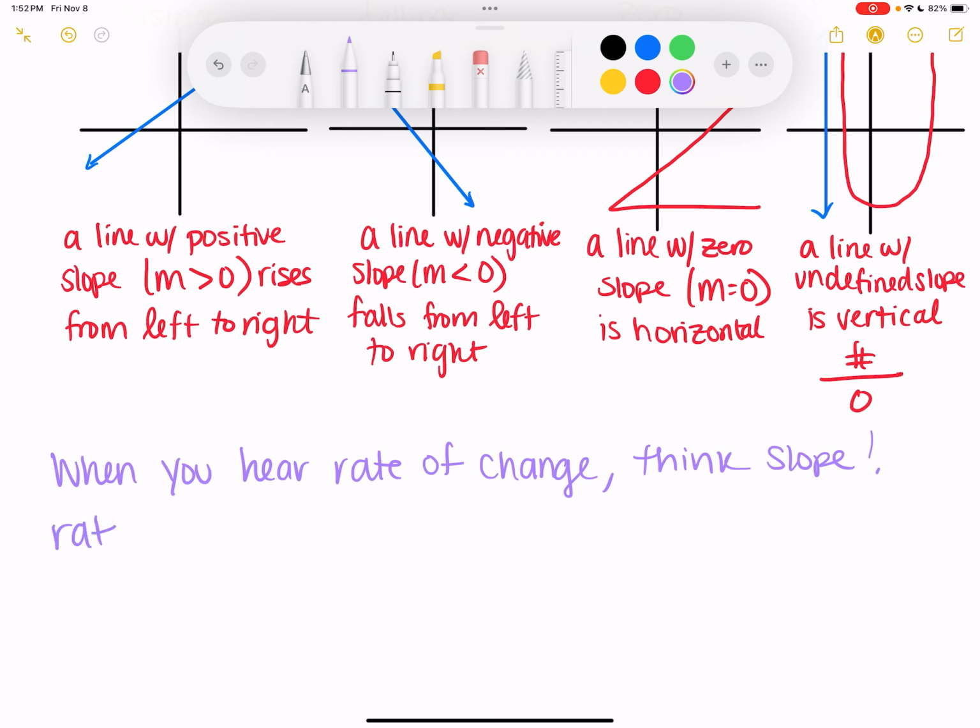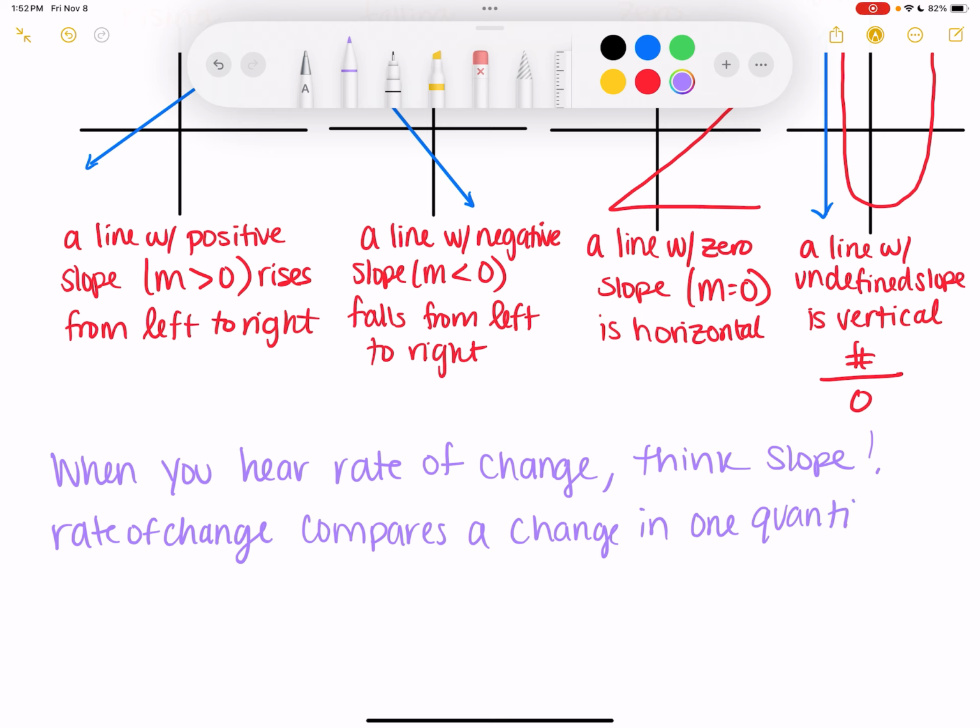So rate of change compares a change in one quantity to a change in another quantity.